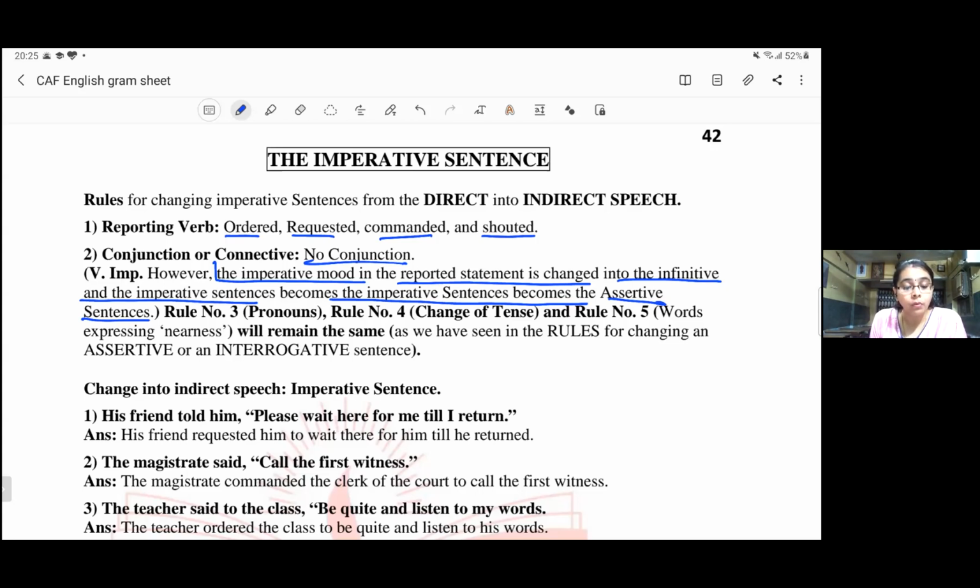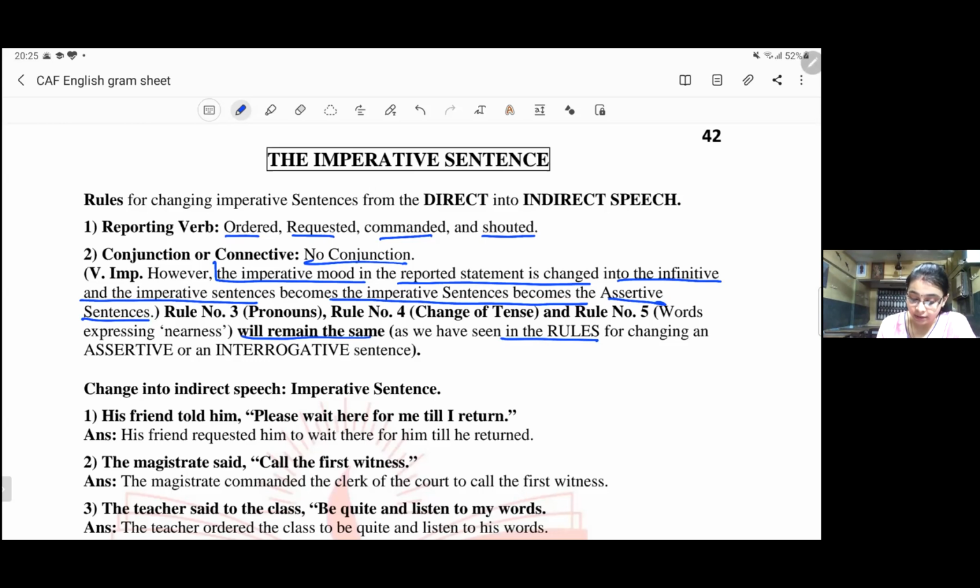Pronoun, change of tense, and the words expressing nearness will remain the same. And we have already seen the rules for interrogative and assertive sentences.